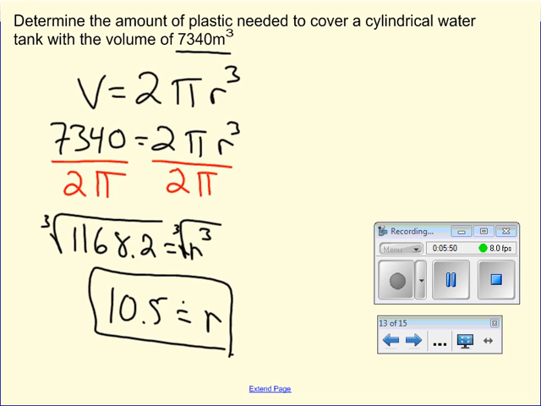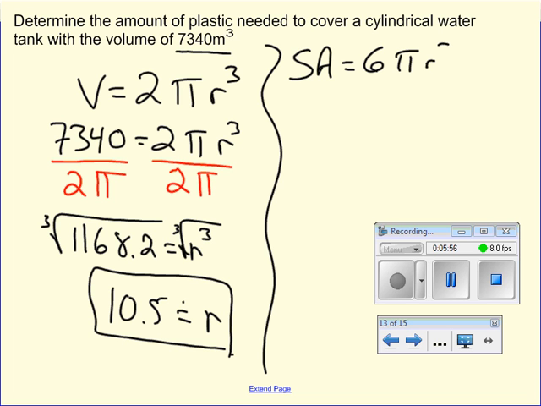I then take that number and plug it into my surface area formula, 6 pi r squared for these maximum minimum values.